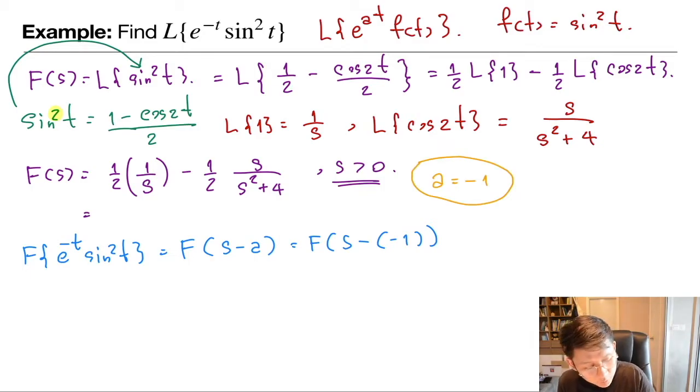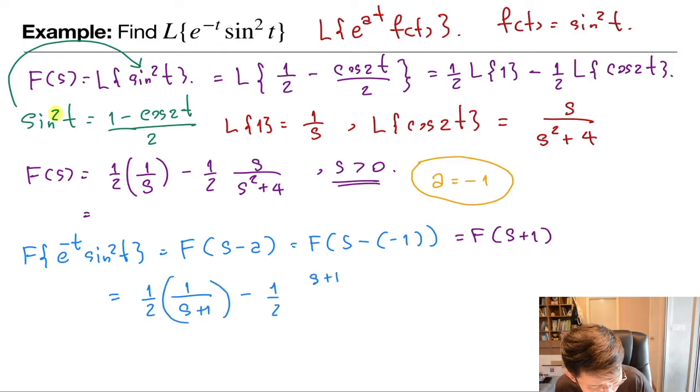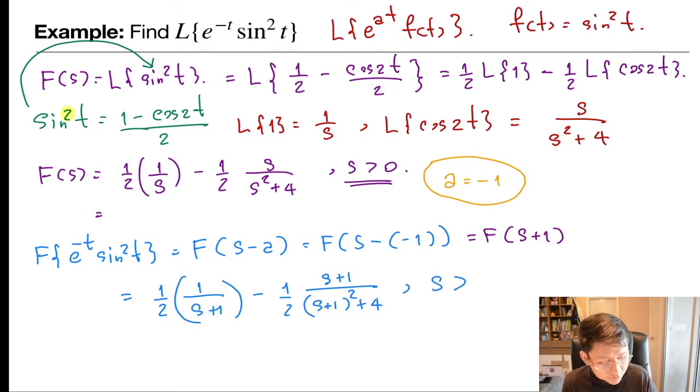So it would be F of s plus 1, which is 1/2 of 1 over s plus 1 minus 1/2 of s plus 1 divided by (s plus 1) squared plus 4.